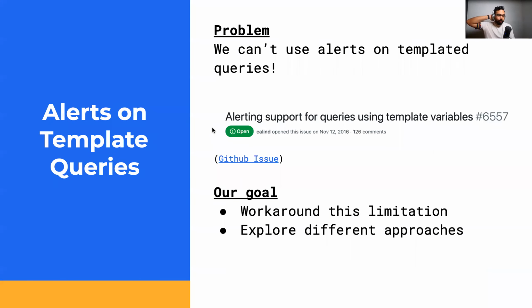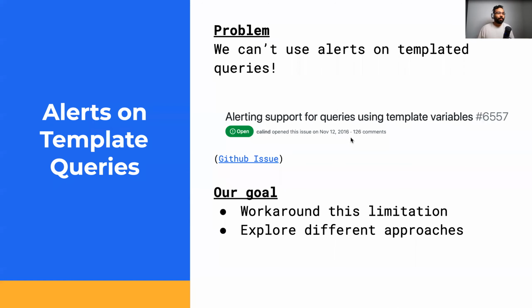And the problem that we want to look at how to work around is that we can't actually use alerts on templated queries in Grafana. I put a screenshot of a GitHub issue that shows people are still asking for alerting support for queries using template variables. This has been open since like 2016.